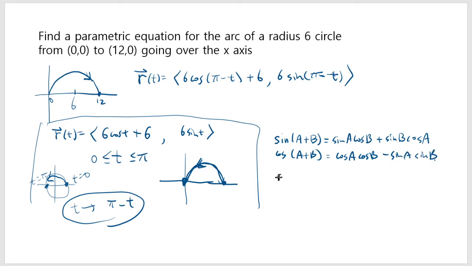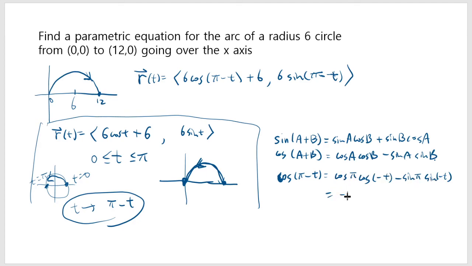So for example, cosine of pi minus t would be cosine of pi, I'm using this formula here, cosine of pi is A, and then cosine of negative t, minus sine of pi sine of negative t.